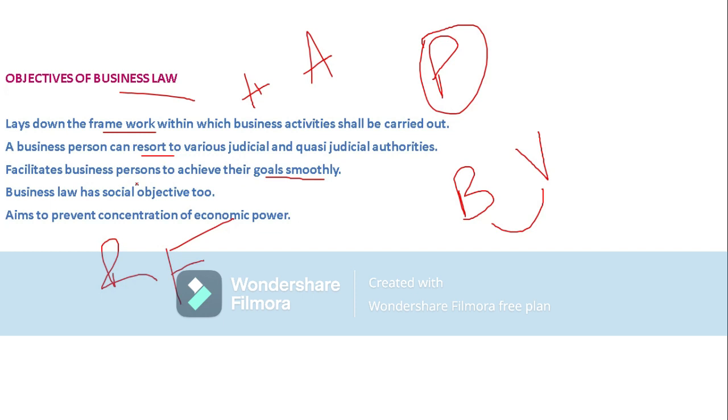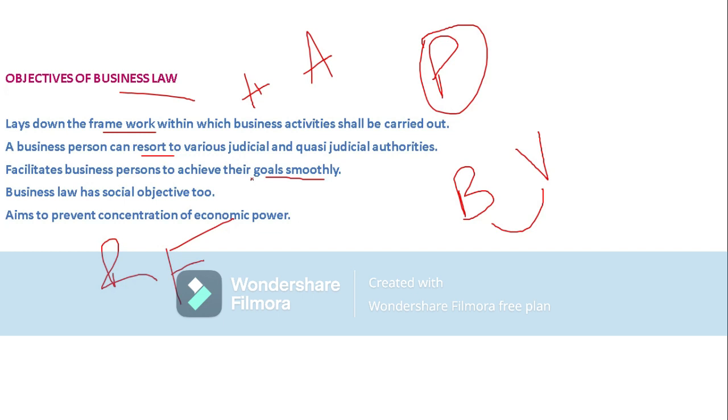And coming to another aspect, for example, for business persons to achieve their goals smoothly, businesses have been extended the facility of doing business by getting a company incorporated, deriving all the advantages of incorporation, such as separate legal entity, limited liability, etc. We have seen these in the features of the Company Act.